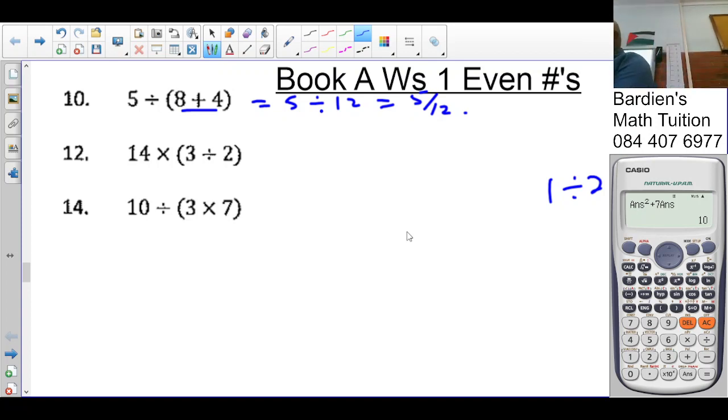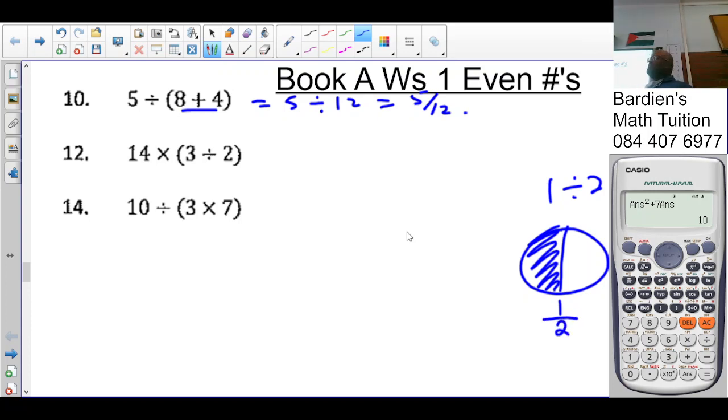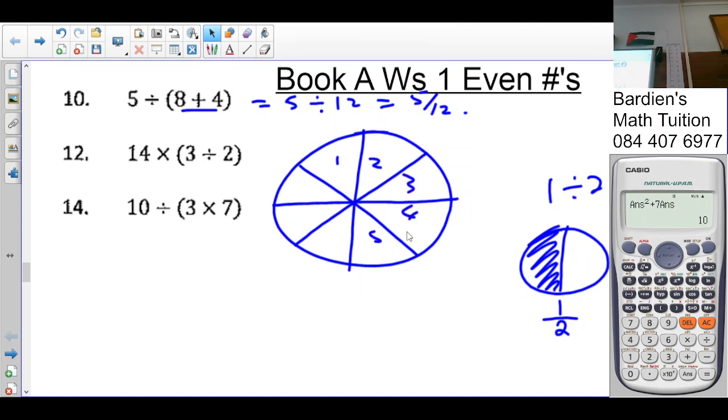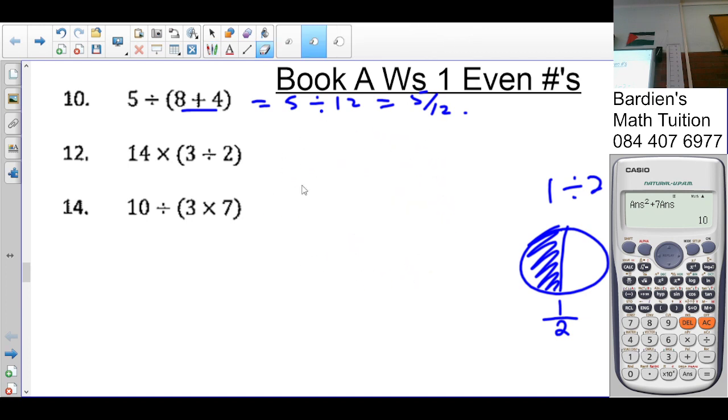You see, if you look at the pie and you want to represent this part here only, if you ask how much of this pie is shaded, 1 out of 2 parts is shaded. If you look at 12, there's 1, 2, 3, 4, 5, 6, 7, 8. That is not 12. Let's go again.